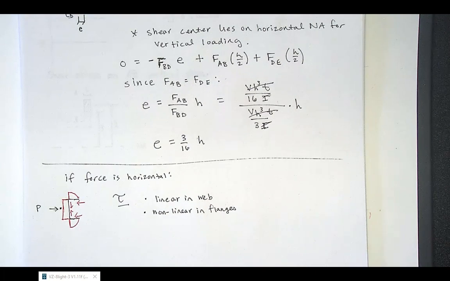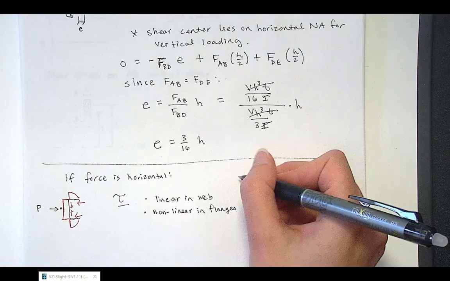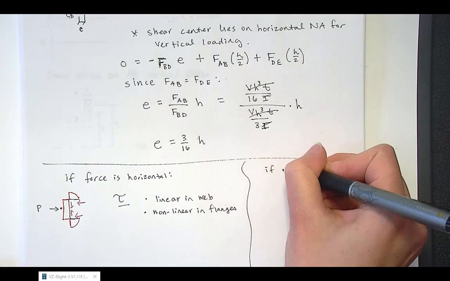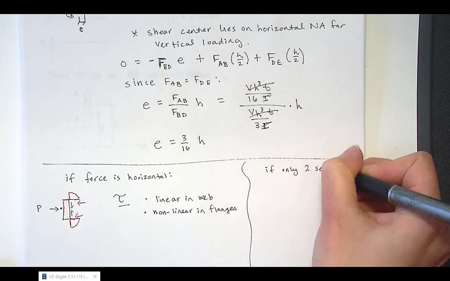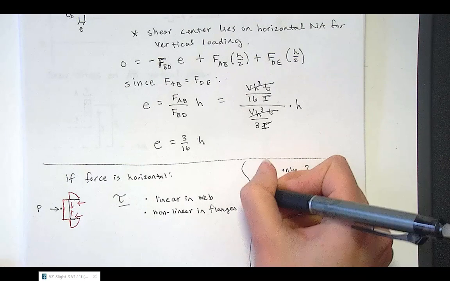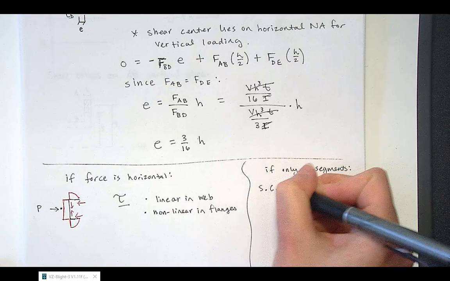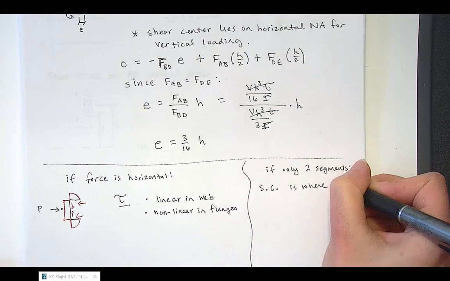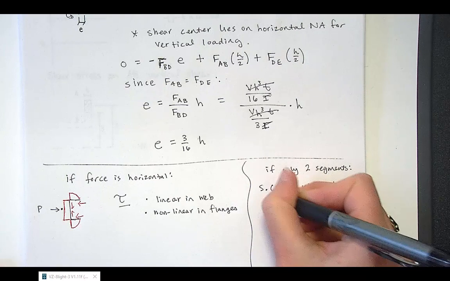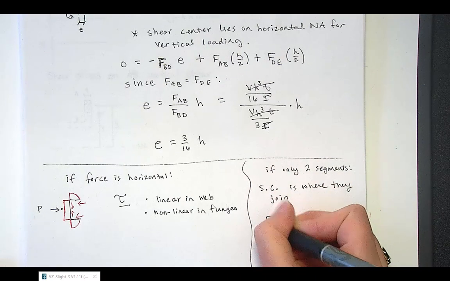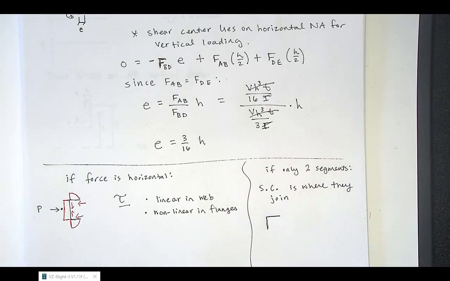And then if you only have two segments, talking about the shear center now, the shear center is where they join. So if you have an angle, the shear center is located at the corner.